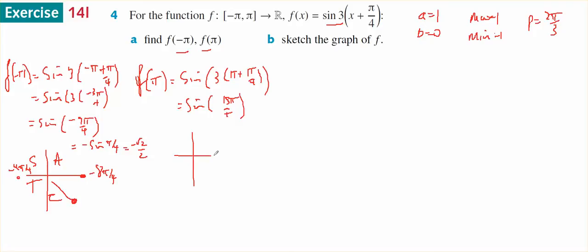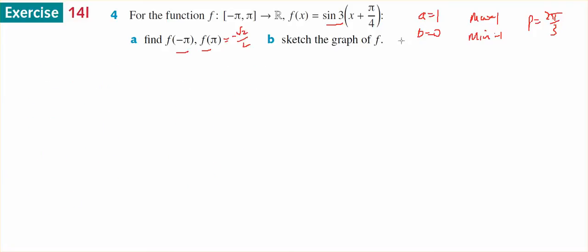And where is 15 pi on 4? That's 4, that's 8, that's 12. This is 16 pi on 4. Therefore, this is where the 15 pi on 4 is, and I get the same answer. Minus root 2 on 2. Okay, so I know my endpoints.